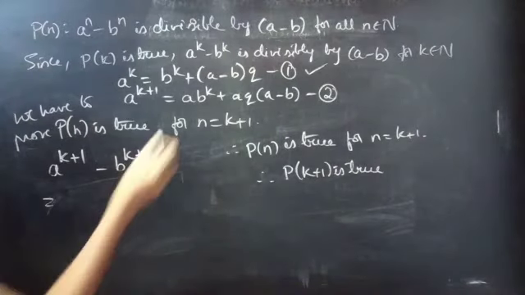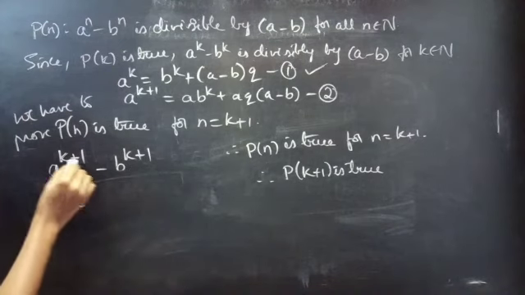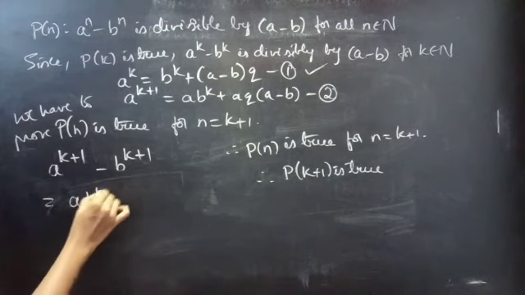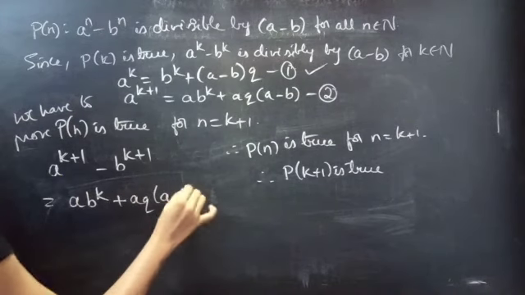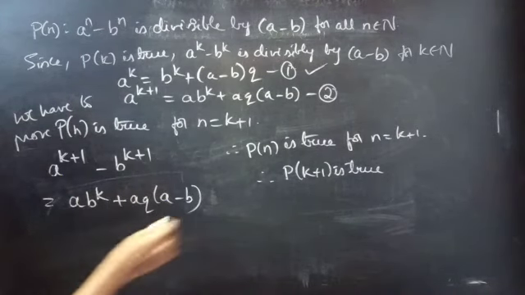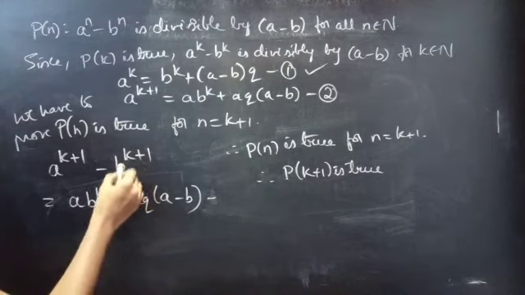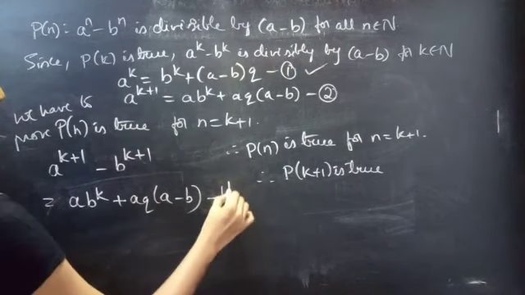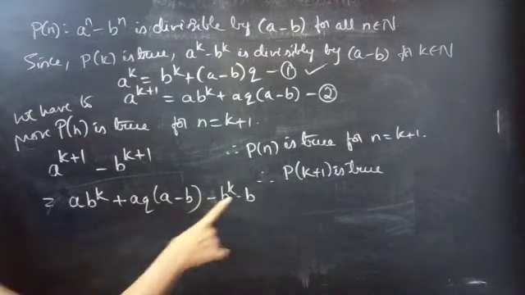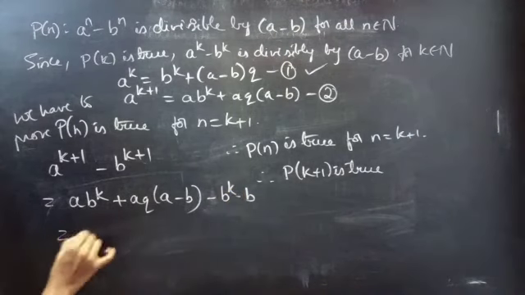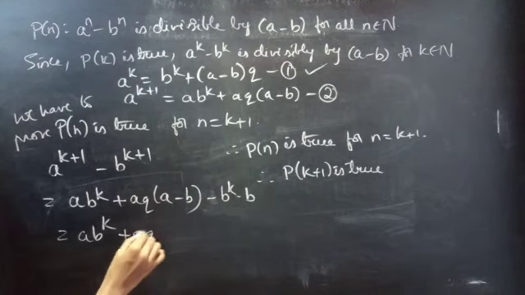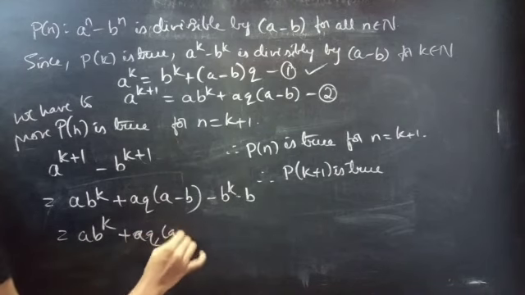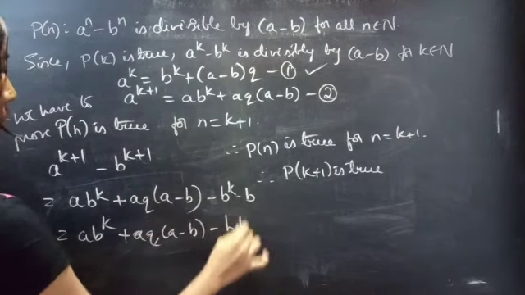Simply use equation 2. Replace a power k plus 1 by a into b power k plus a q into a minus b, and write this equation as it is, minus b power k plus 1, which you can split as b power k into b, which is b into b power k.